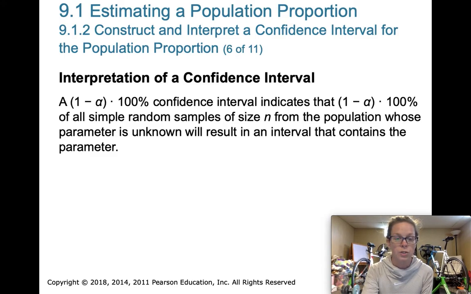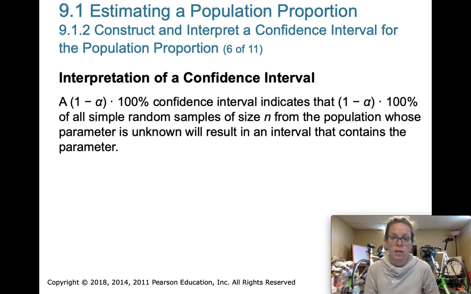All right, so our confidence interval indicates that 1 minus alpha times 100, so 90, 95, 99 percent, of all simple random samples of size n from the population whose parameter is unknown will result in an interval that contains that parameter. Yes, this is repeating.